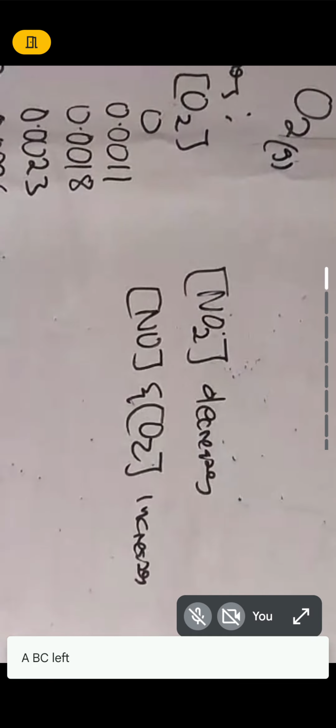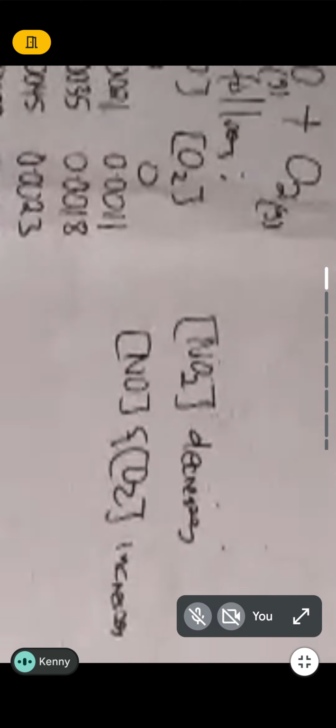That's what is happening here. So reactants decrease, products increase.